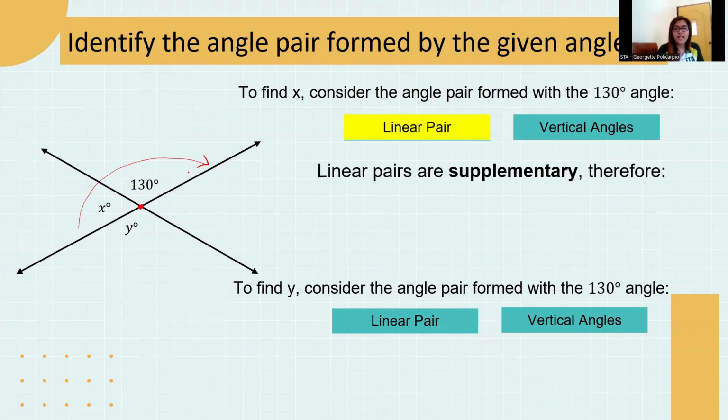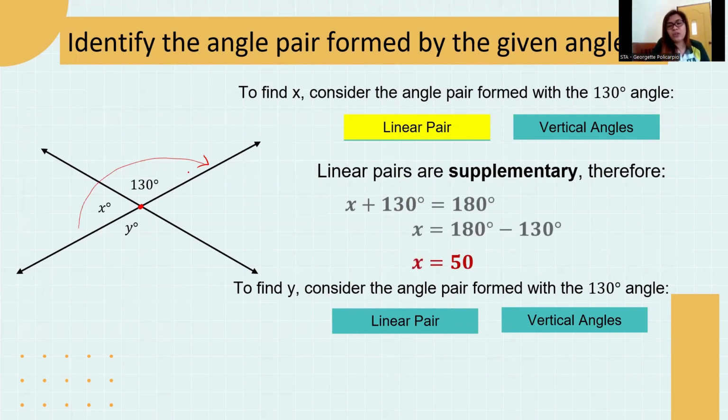Okay, so if that's the case, linear pairs are supplementary. Therefore, x plus 130 should be equal to 180 degrees. So ano ba yung angle na i-add mo sa 130 degrees to have 180? If you answered 50, then you are correct. So x equals 50.